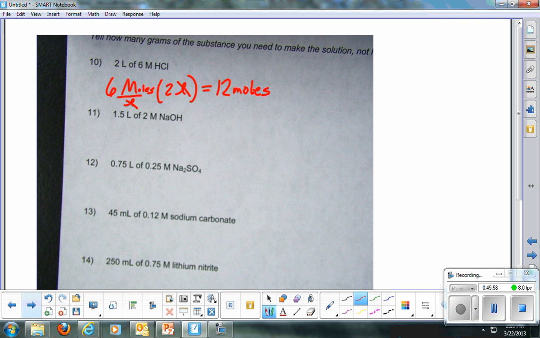And it's 12 moles of HCl. So then I just convert it to grams. So in 1 mole of HCl, there is 36.458 grams of HCl.